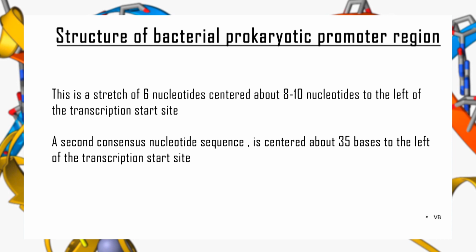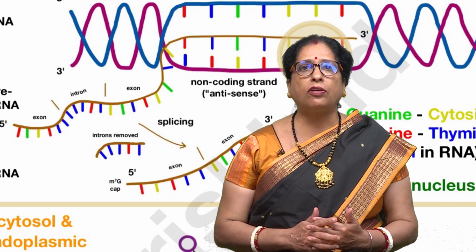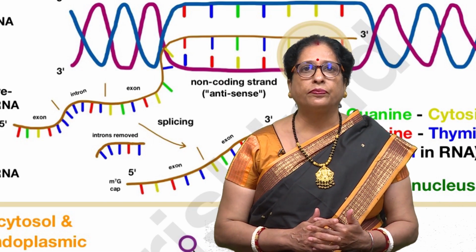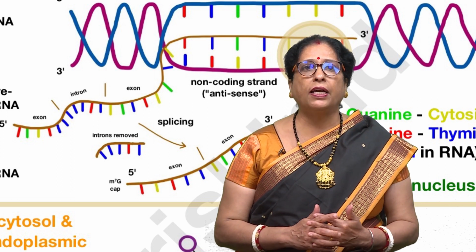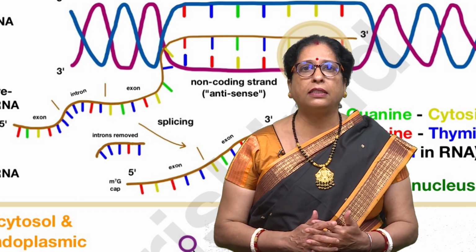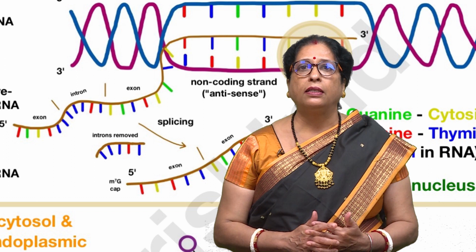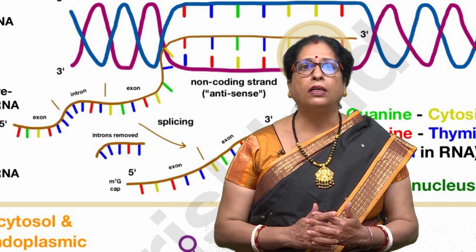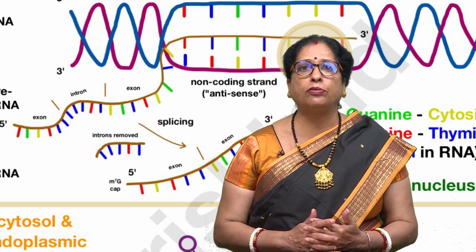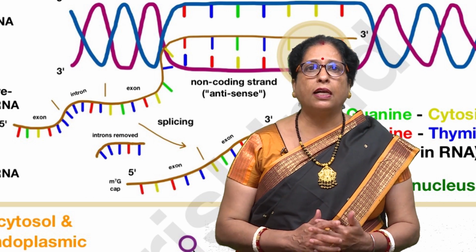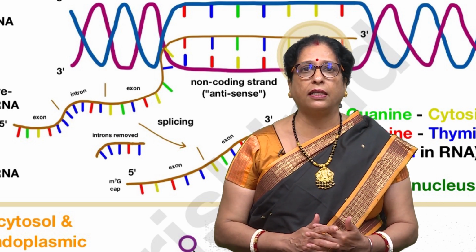The minus 35 sequence is a second consensus nucleotide sequence, 5' TTGACA 3', centered about 35 bases to the left of the transcription start site.